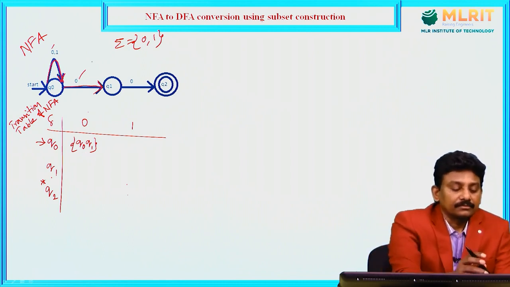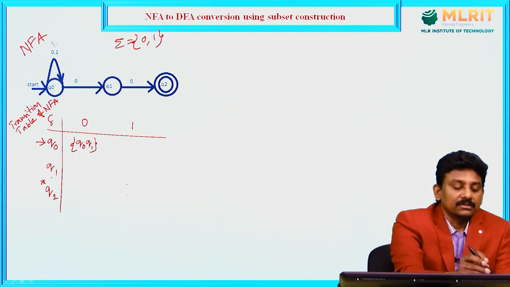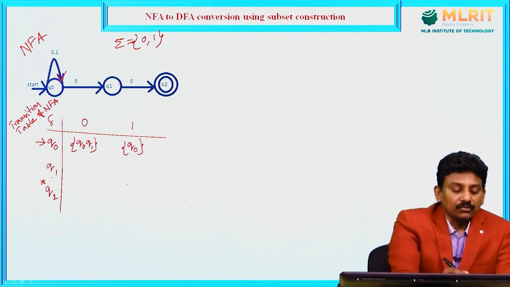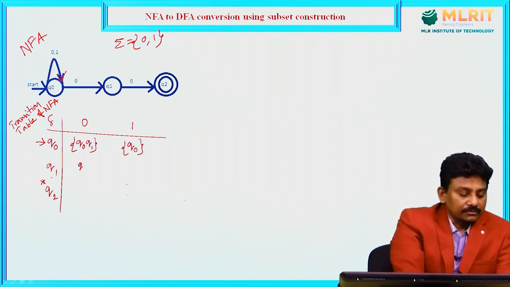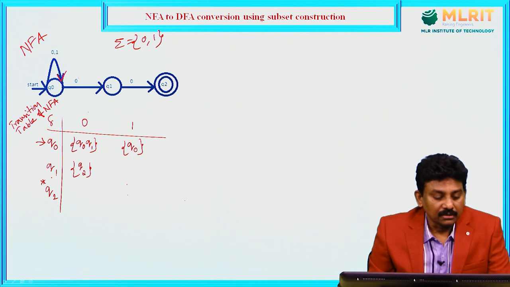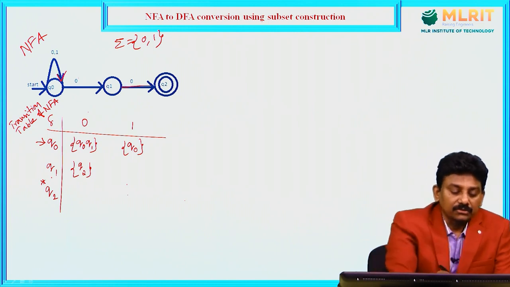Then Q0 on 1 goes to Q0. Q1 on 0 goes to Q2. Q1 on 1, there is no transition.